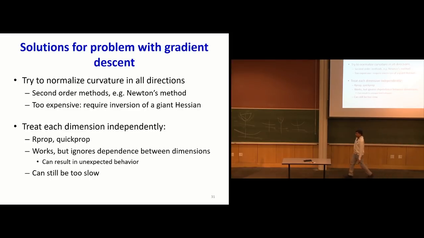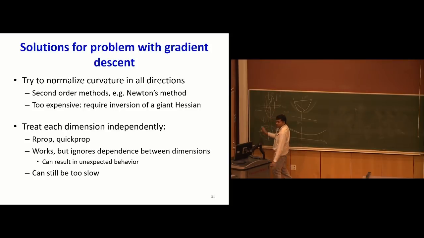So the problem is with the figure that I just drew. In the figure that I just drew, the dimensions are independent of one another. So when I get closer to the optimum in this direction, it doesn't affect how far away I am from the optimum in the other direction, right? Because there are two bowls which are orthogonal to one another, which are combining to give me the larger bowl.